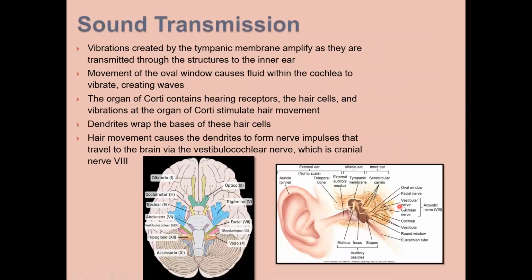And see, it's the vestibular nerve and the cochlear nerve that kind of join, and in here it's called the acoustic nerve, and that's 8, the vestibulocochlear nerve, cranial nerve number 8. And you can see that right here. Okay? So it's the vestibular nerve, the cochlear nerve, and they join together to form the vestibulocochlear nerve, cranial nerve 8.